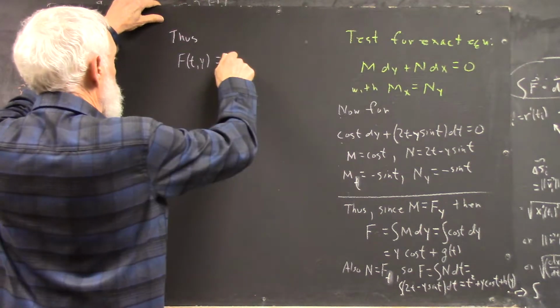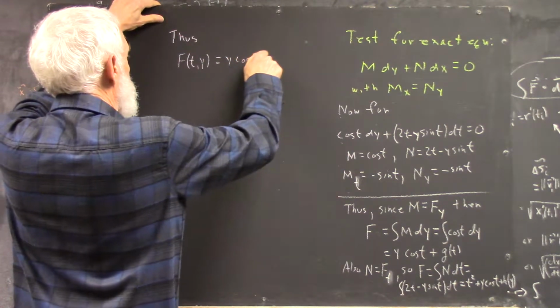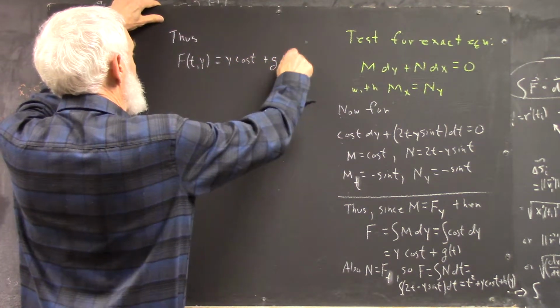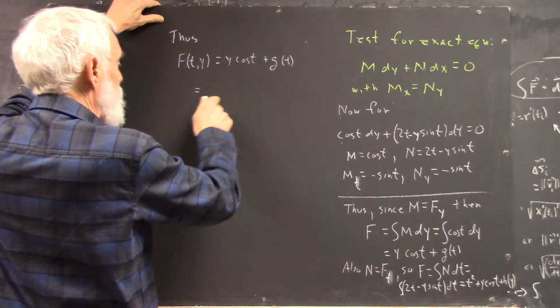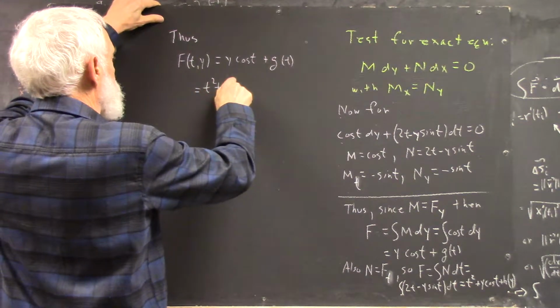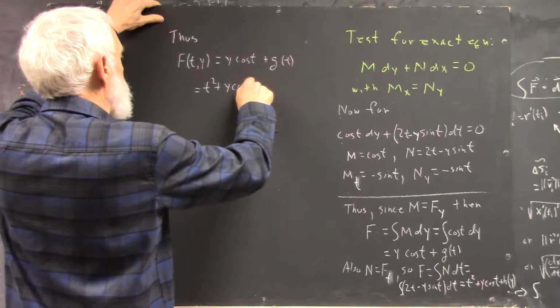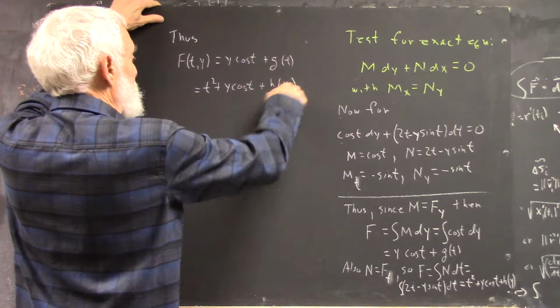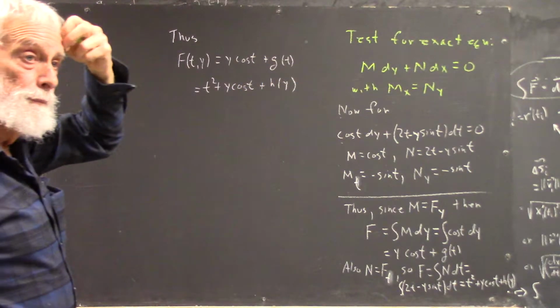f of t, y equals y cosine t plus g of t, and that has to equal t squared plus y cosine of t plus an h of y. Okay?